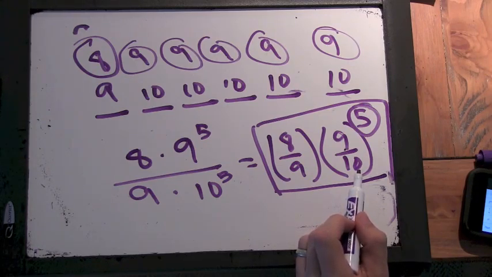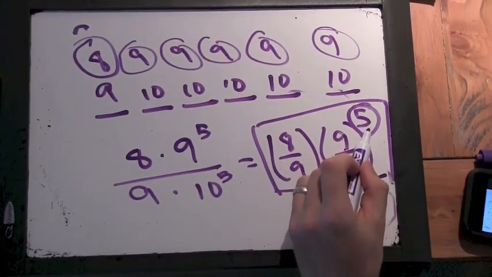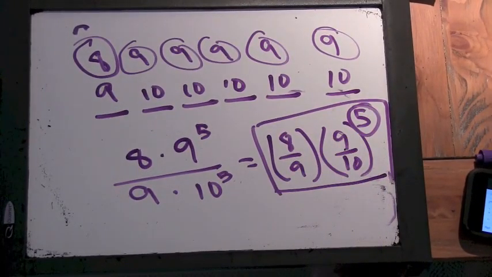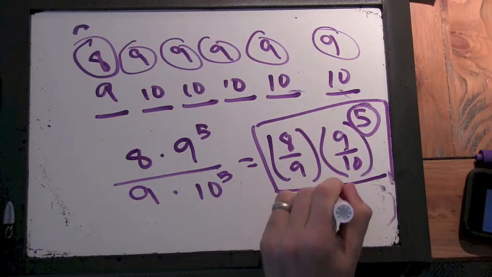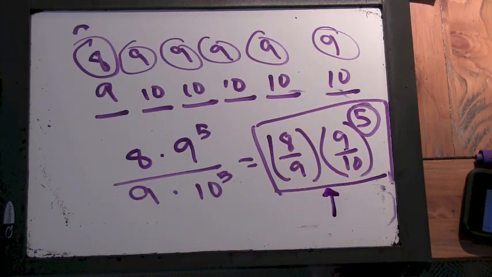What happens when I take a positive number that's less than 1 and raise it to bigger and bigger powers? It gets smaller and smaller. And so this fraction of numbers that do not have a 9 is getting smaller and smaller.